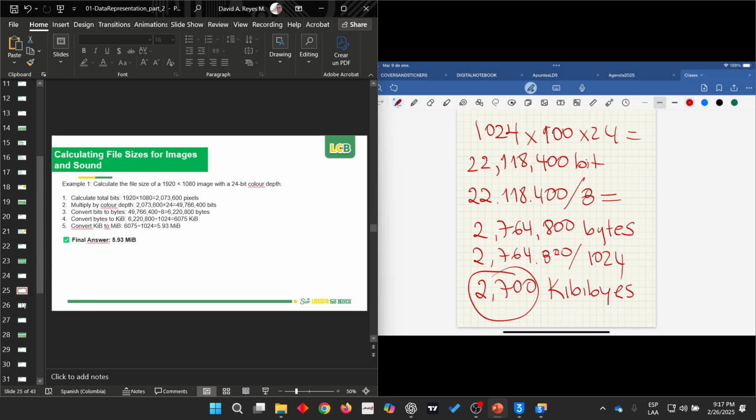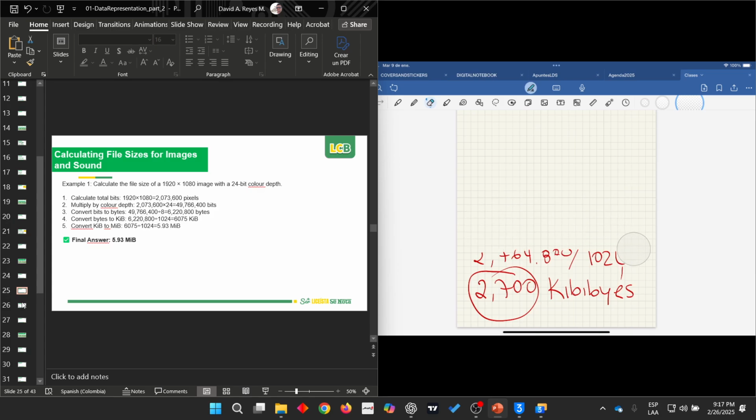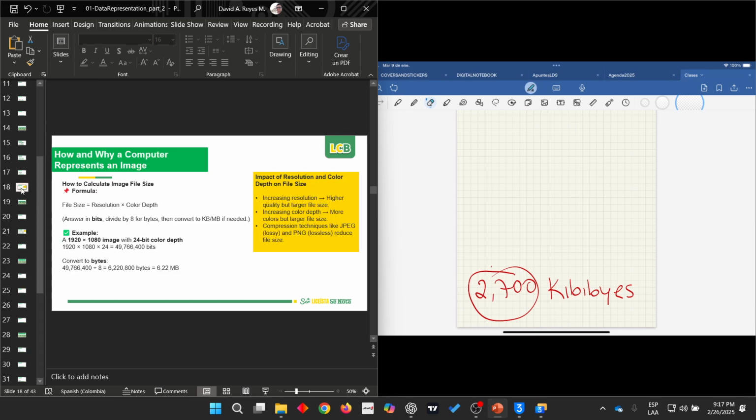But now let's suppose that you have an exercise in which you have 2,700 kilobytes, and the exercise says that you need to express that number in bytes.